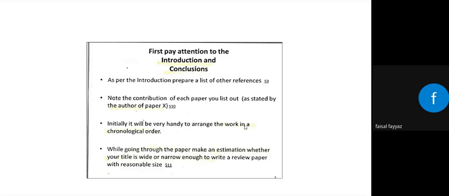While going through the paper, make an estimation whether your title is wide or narrow enough to write a review paper of reasonable size. Again, this is the most important thing that most researchers miss: they are continuously working, but they are unable to identify the boundary of their research. They go beyond their boundary even. But what happens when the stage of evaluation comes?